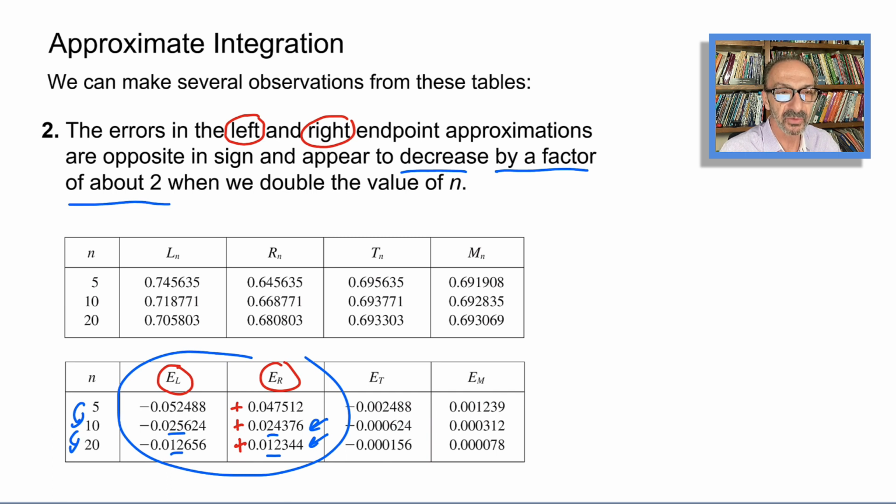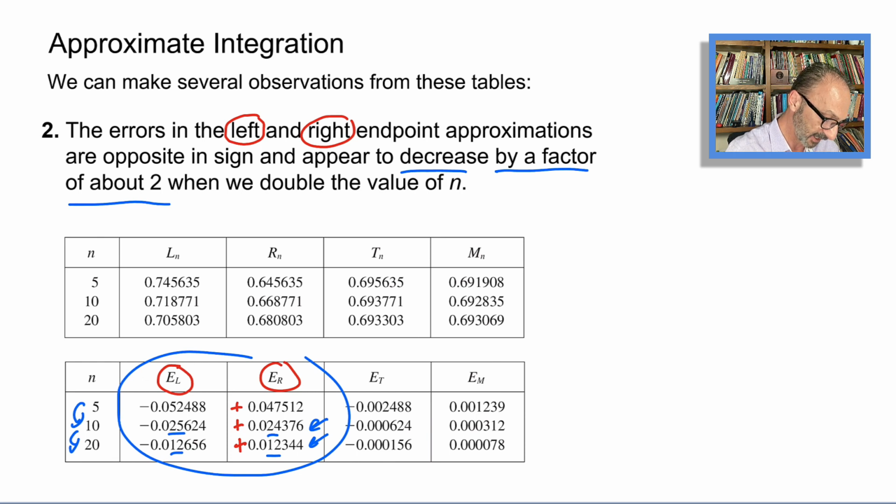Number 2 says the errors in the left and right endpoints, and you could tell that I'm circling them down below to show you. Left and right, so I want you to focus right here, are opposite in sign. The ones are negatives and ones are positives. And they appear to decrease by a factor of about 2.